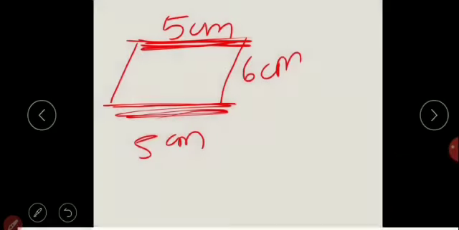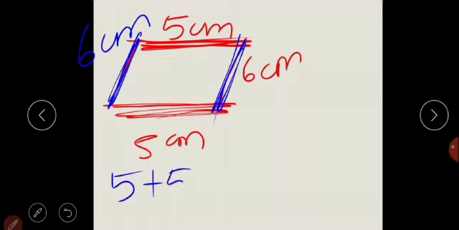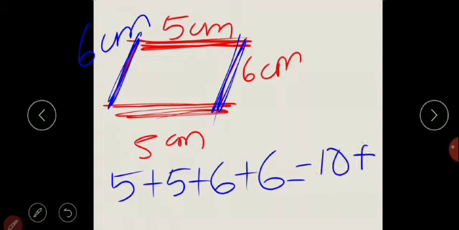If this side is 6, this side will also be 6 centimeters. So basically 5 plus 5 plus 6 plus 6. So 5 plus 5 is 10, 6 plus 6 is 12. So 10 plus 12 is actually 22 centimeters only. We will not make it centimeter square as we are only adding the values. We haven't multiplied. It will simply be centimeters.